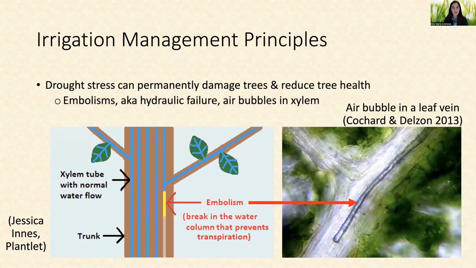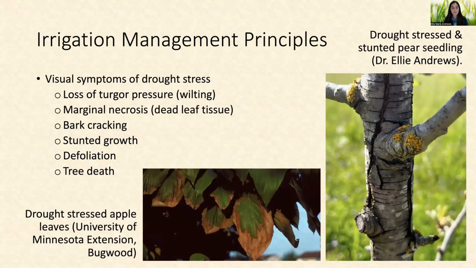And this prevents transpiration, it prevents water movement throughout the tree, and it permanently damages plant cells. So they can cause pretty serious damage, especially if you have severe drought stress year after year. So this is just something to bear in mind. There are repercussions to plant health.